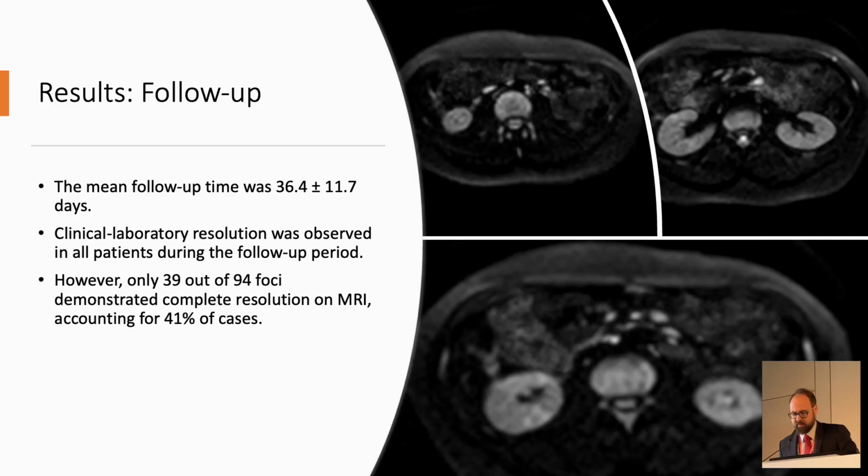The mean follow-up time was 36.4 days. Clinically, laboratory resolution was observed in all patients during the follow-up period. However, only 39 out of 94 lesions demonstrated complete resolution on MRI, accounting for 41% of cases.